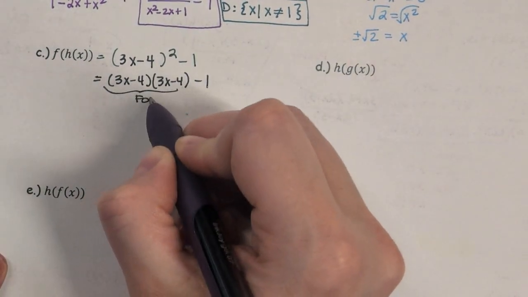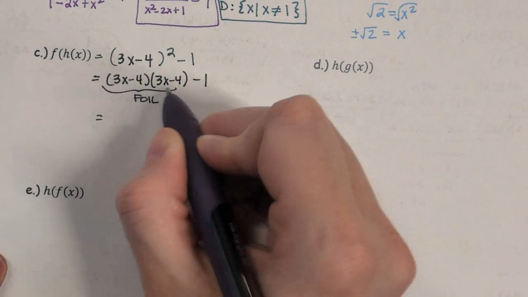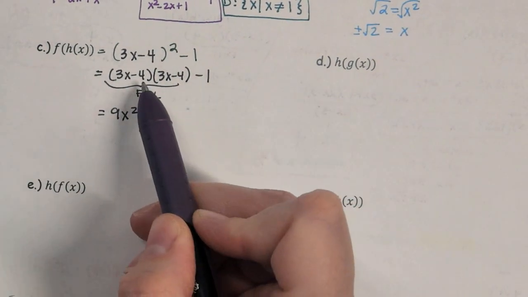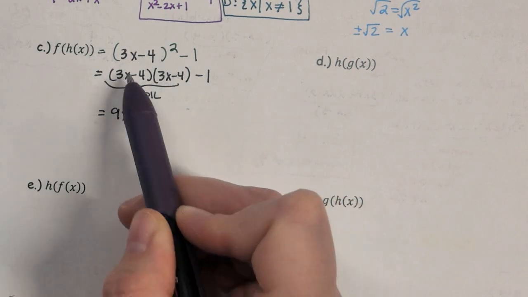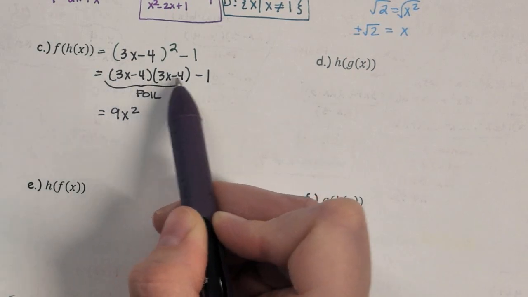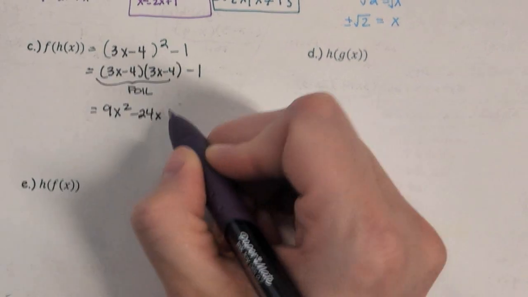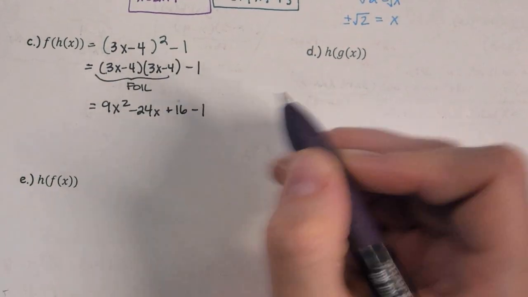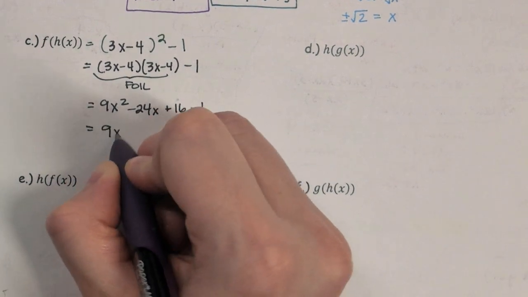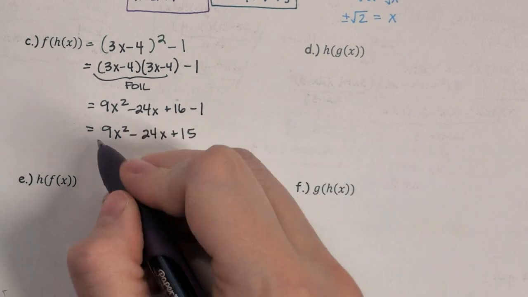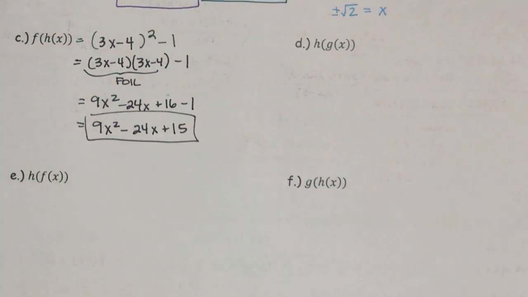Okay, so when you FOIL, 3 times 3 is 9, so this is 9x squared. These are the same values on the inside and the outside. So negative 12x minus 12x is negative 24x. Negative times a negative is a positive, and then you're just going to have to calculate that minus 1. So this should be your final answer for the simplifying.